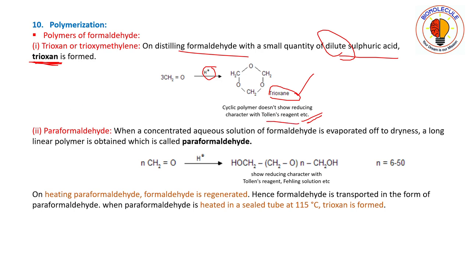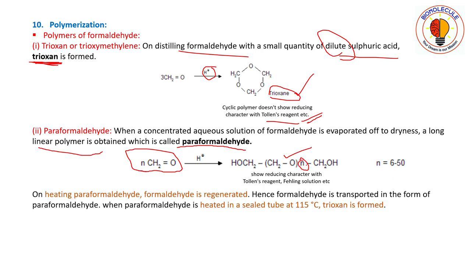Now the second one is paraformaldehyde. When a concentrated aqueous solution of formaldehyde is evaporated to dryness, a long linear polymer is obtained, which is called paraformaldehyde. So you take a concentrated aqueous solution and evaporate it to dryness, and you get a long linear chain of paraformaldehyde.